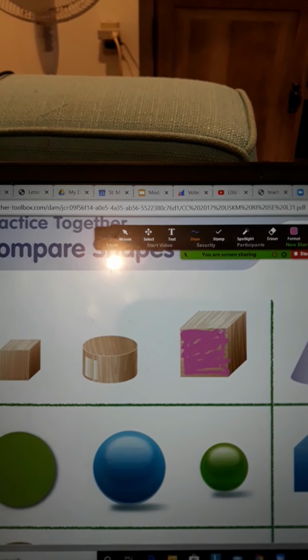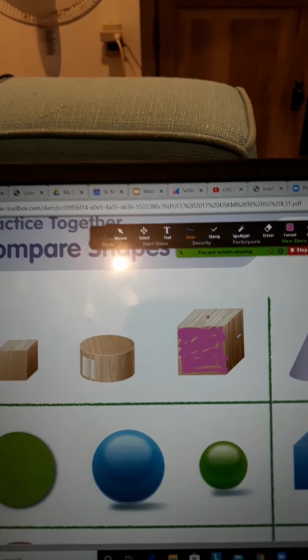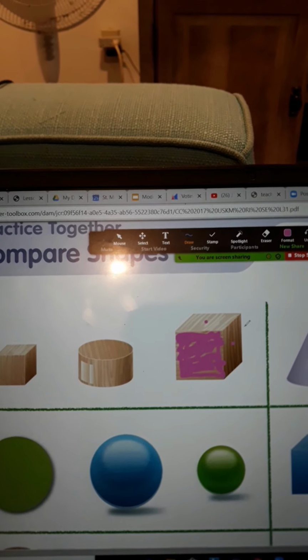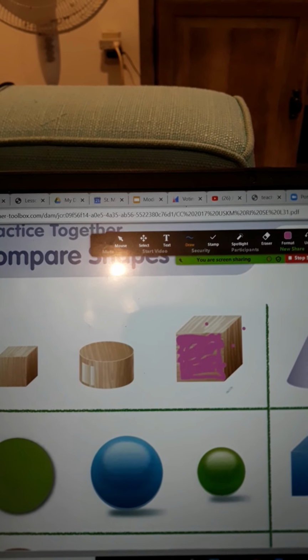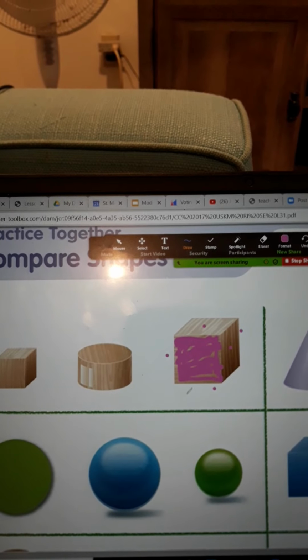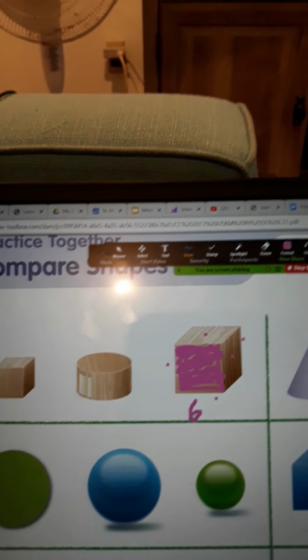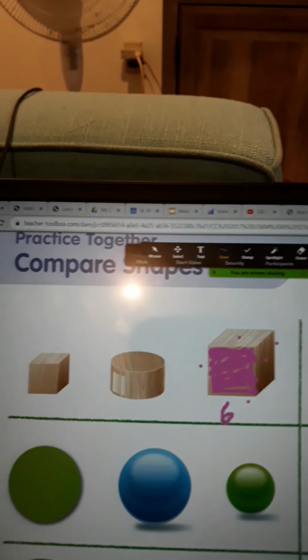Our cube has 1, 2, 3, and if you can imagine, the one in the back would be 4, the one on the bottom 5, and the one on this side would be 6. So our cube has a total of 6 faces. That's what a face is.